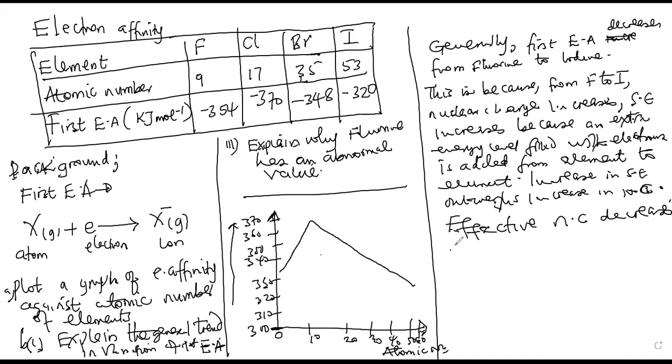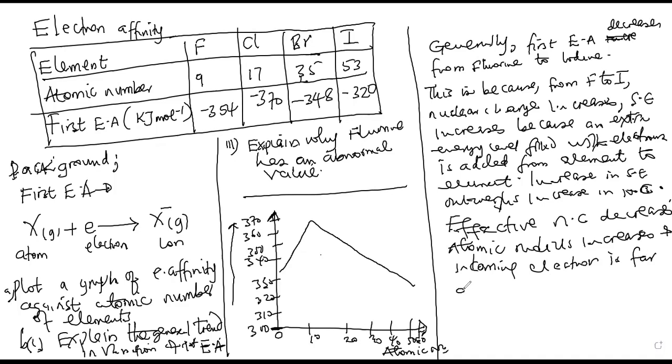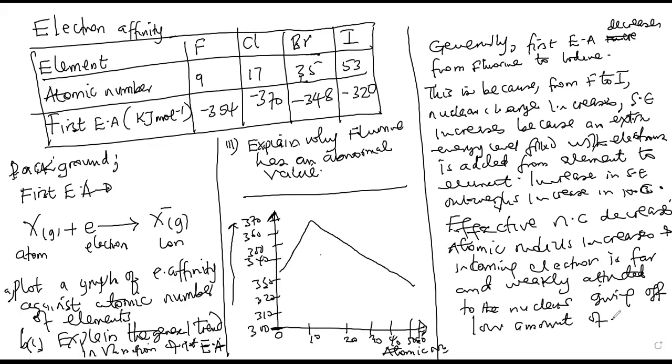Effective nuclear charge decreases, then atomic radius increases, and when the atomic radius increases, it means that the incoming electron is far and weakly attracted to the nucleus, giving off a low amount of energy.